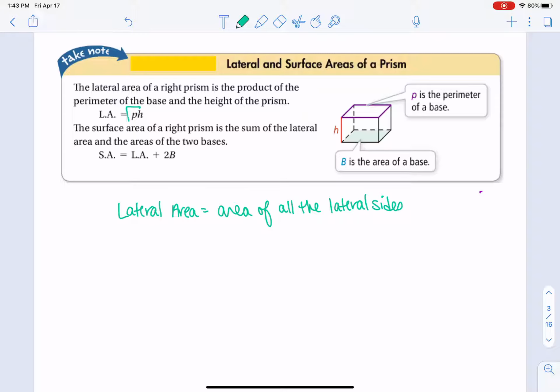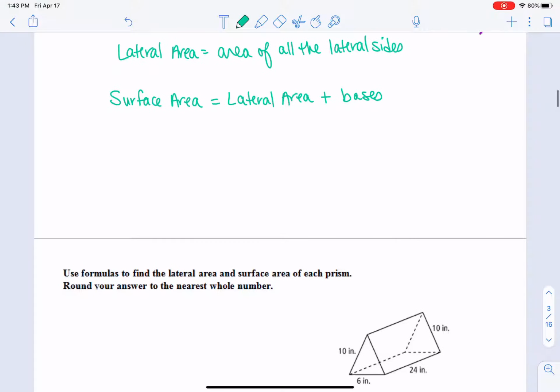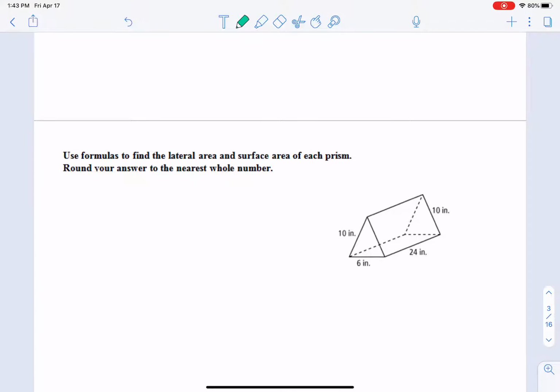There's a shortcut if you'd like, perimeter times height, but I just take all of the areas of the sides and add them all up. And then surface area is you take the lateral area, which was the area of all the lateral sides, and then you add both bases. So there's the top base and the bottom base in a prism. Here they kind of wrote it out for you. Let's try a couple of these.